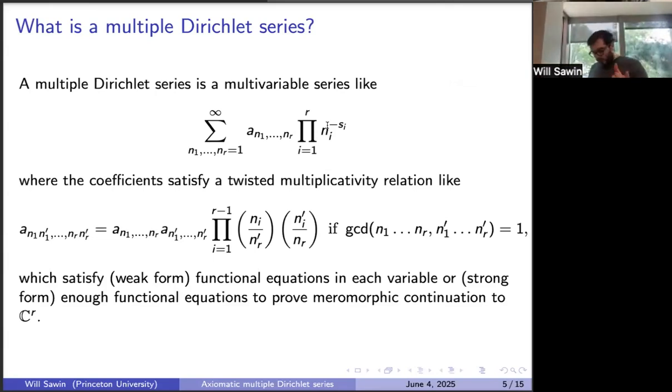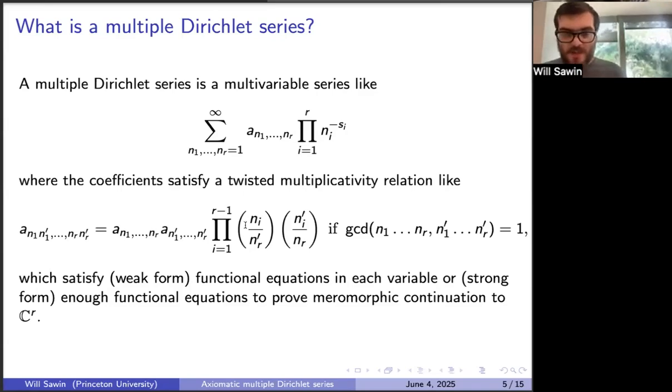For classical Dirichlet series, we usually take the coefficients to be multiplicative. In this case, we're going to choose them to be twisted multiplicative. What twisted multiplicative means is if we have two tuples of coefficients and we multiply them together element-wise, the coefficient of the product should be the coefficient of one tuple times the coefficient of the other tuple times a third factor, where the third factor is a product of Legendre symbols.